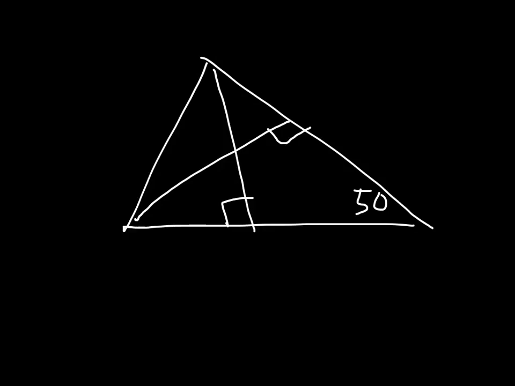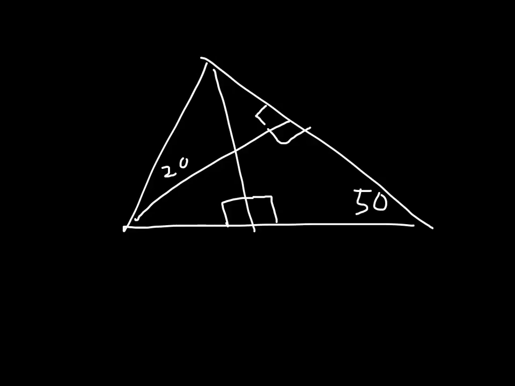So for example, if this is 50, so for problems like this, any time you see a right angle on one side of a line, you want to put in a right angle on the other side of the line. You want to look for vertical angles, you want to look for triangles. Anytime there's a triangle where you know two angles, you want to put the measure of the third angle.